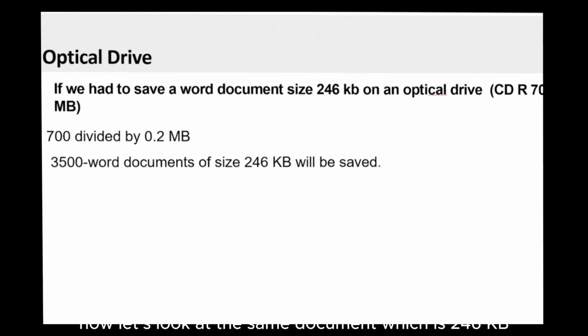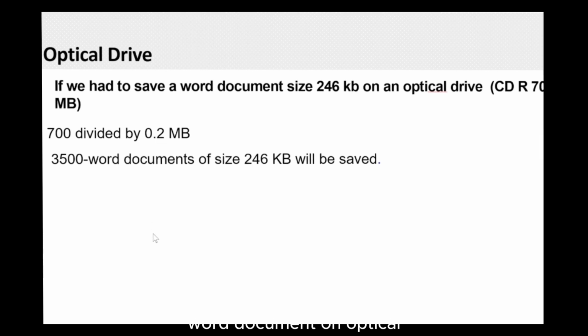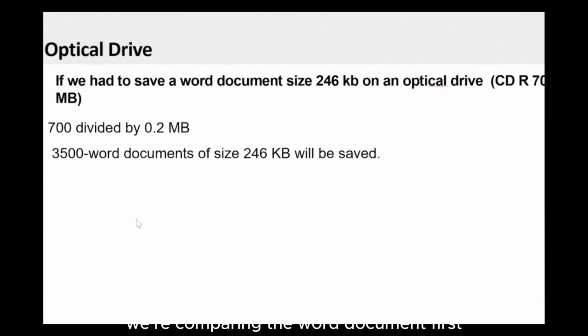Now let's look at the same document, which is 246 Word document on an optical. So we are comparing these three. We are comparing the Word document first. So how would we do this? Obviously we are looking at a CD, which is 700 megabytes. How do we know that?